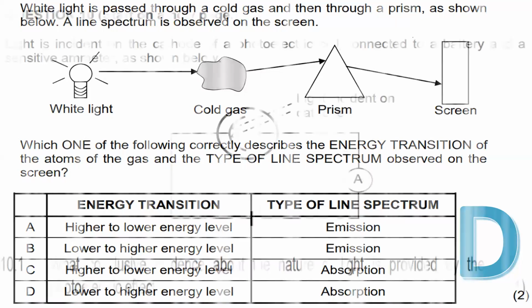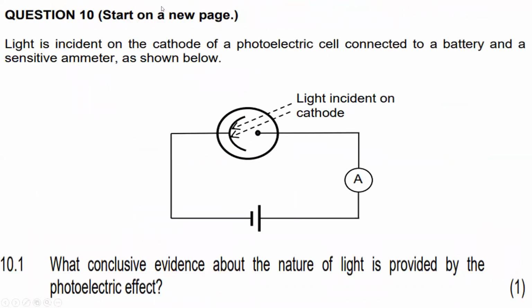Long questions are coming. We separated 10.1 and 10.2 from a past paper question. And now light is coming onto the cathode, taking electrons. Question 10.1. In the photoelectric effect, we are saying electrons are like particles.